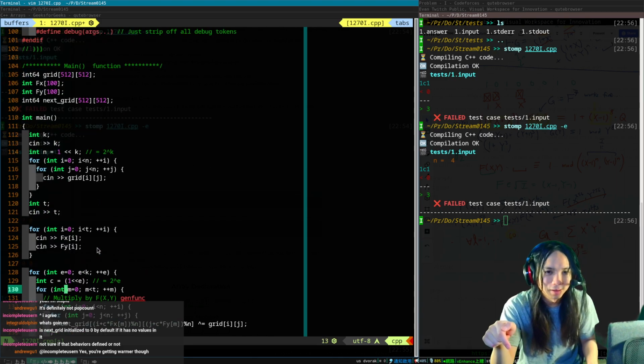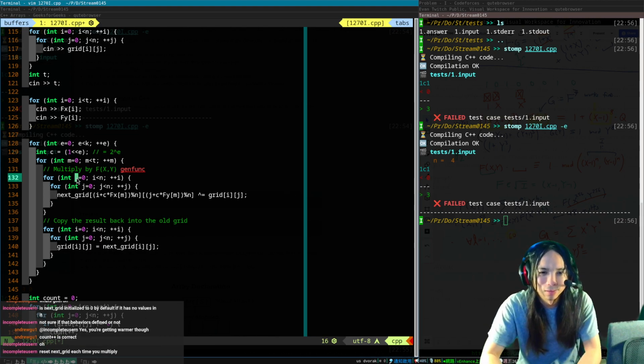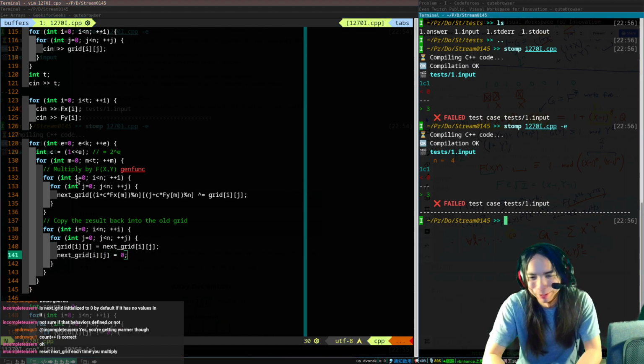Is next grid... Oh, do I need to actually set everything to 0? Oh, Lord. Oh, I need to reset... Oh. That seems pretty important.